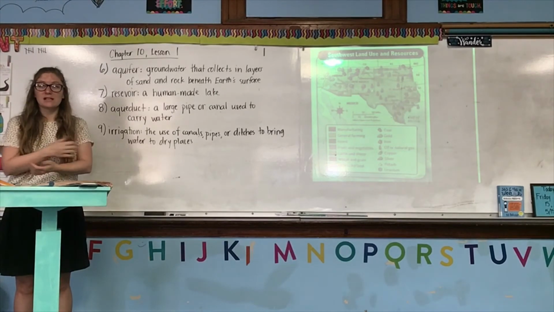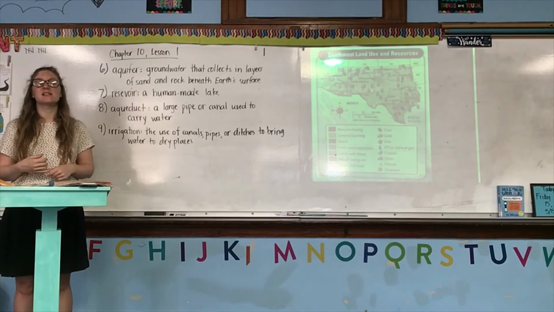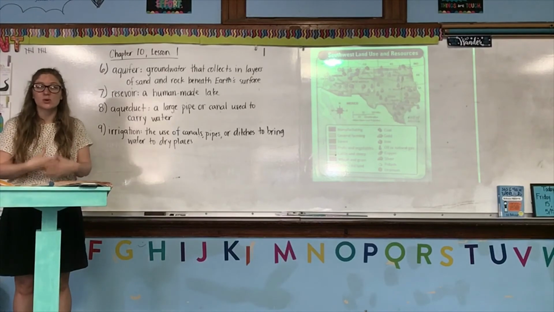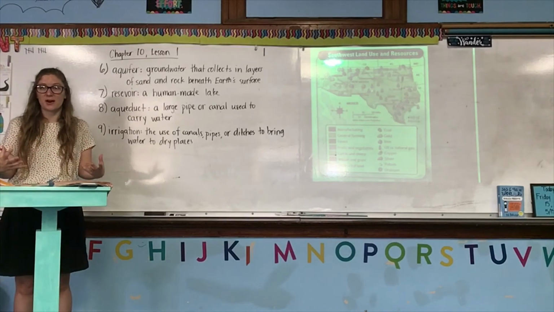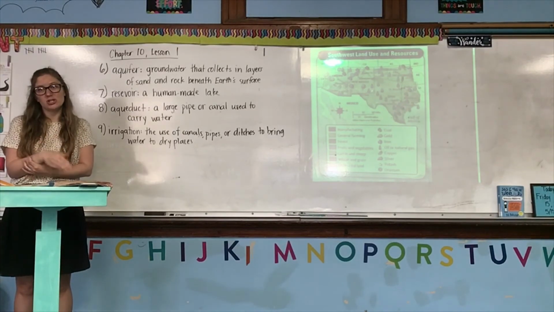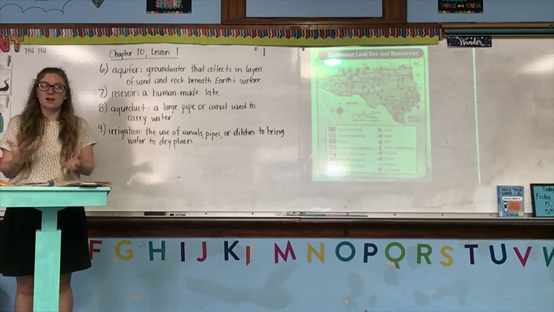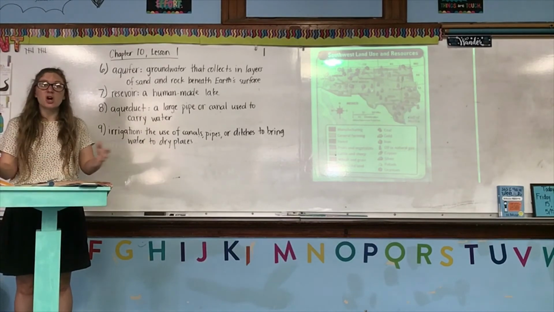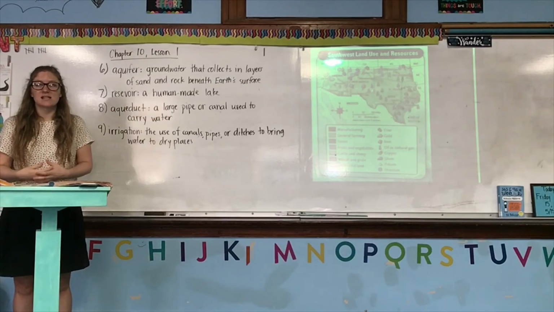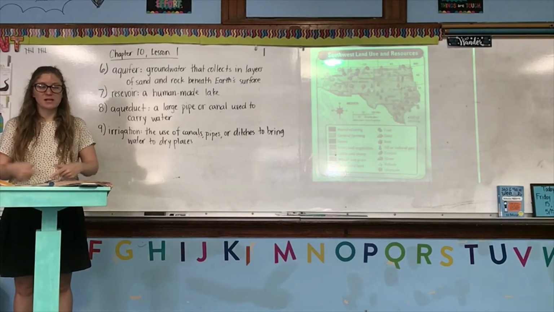So that's where people raise livestock because they can graze or eat that grass and those plants on the grassy land. Even though it's too dry for farming, there are still plants that don't need as much water that grow. So the livestock can graze on that, and then you don't need as much water for the animals as you do for farming. Because farming, you need a lot more water. Think about it.